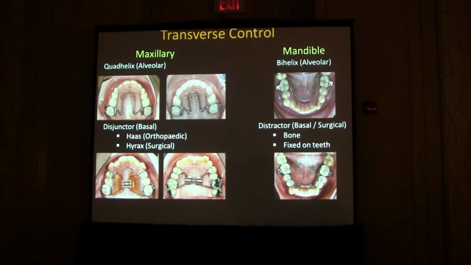To act on the alveolar maxillary arch, I use the quadrics, including on the second deciduous molars, and the bihelix for the alveolar mandibulary arch. To act on the basal bone, I use a Haas disjunctor in orthopedic cases and a Irax disjunctor for surgery cases for the maxilla.